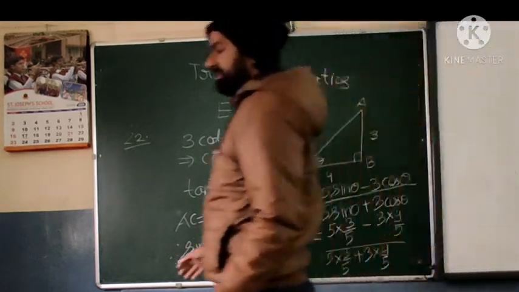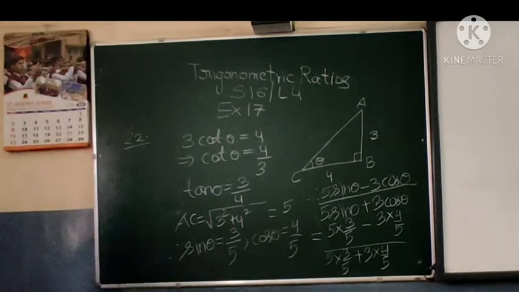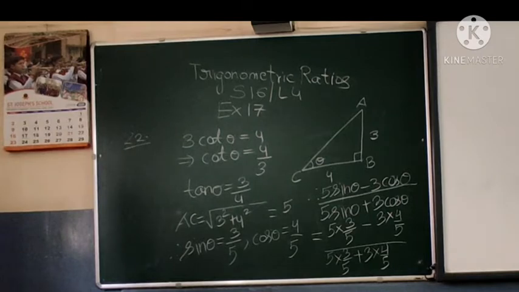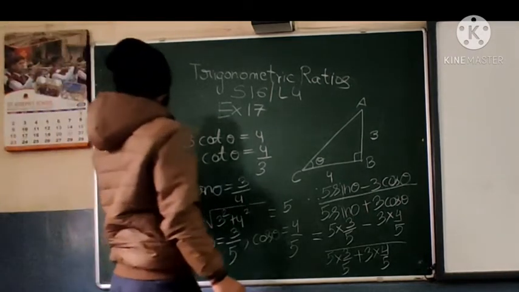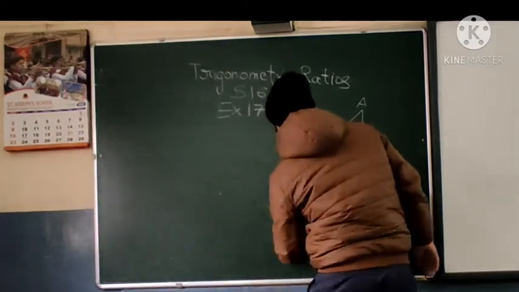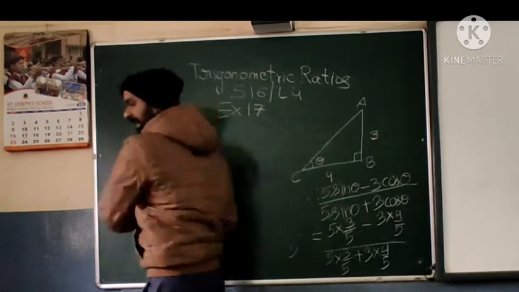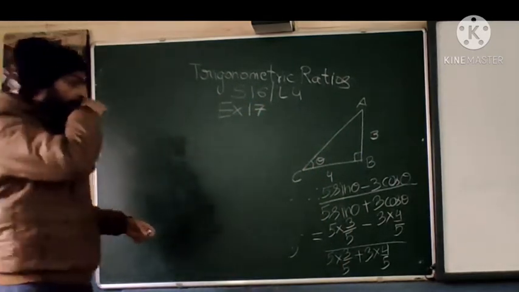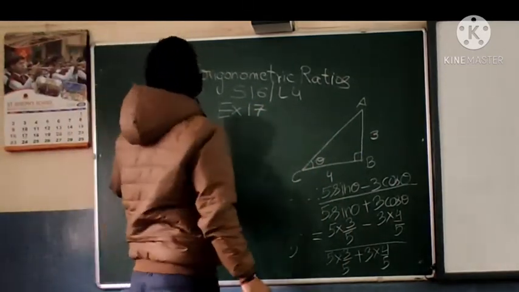Since space is limited, we are going to the other side of the board. So this is the part here. Now what value will be put? Find it here. Now 5 into 3 by 5, it will be what?